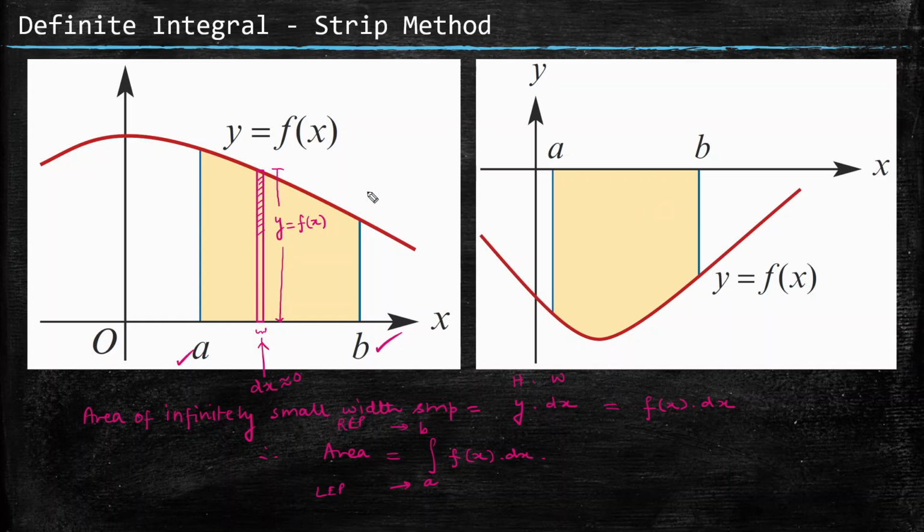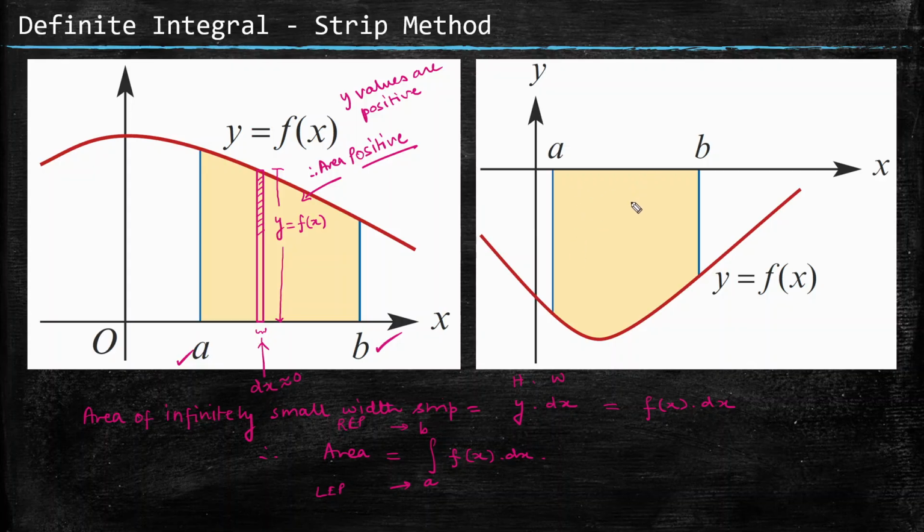I would also like to mention that this area will be a positive area. Why will this be positive? Because the y values are positive, therefore the area will be positive. As simple as that.